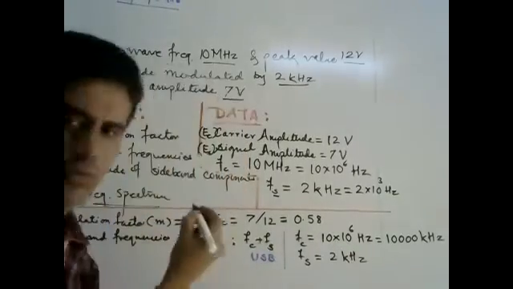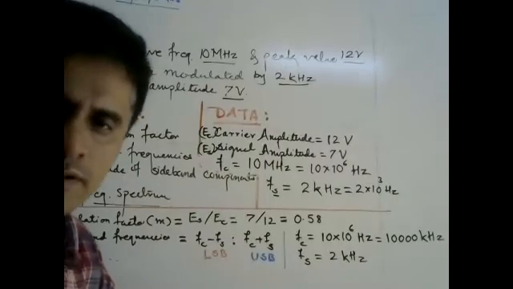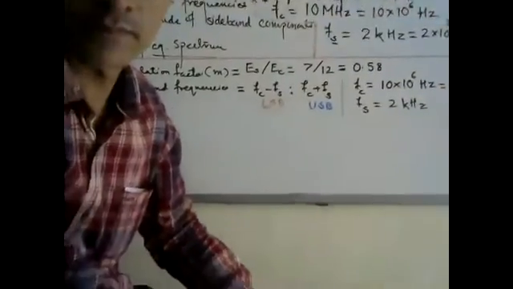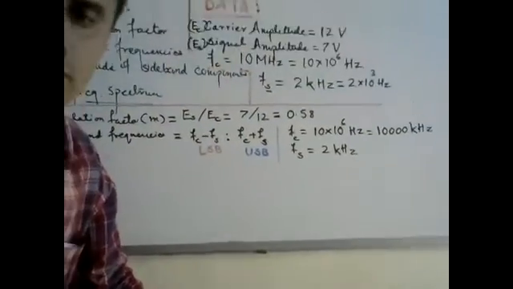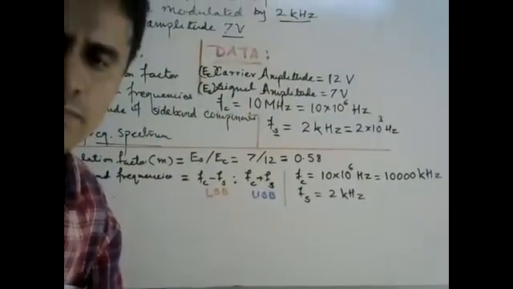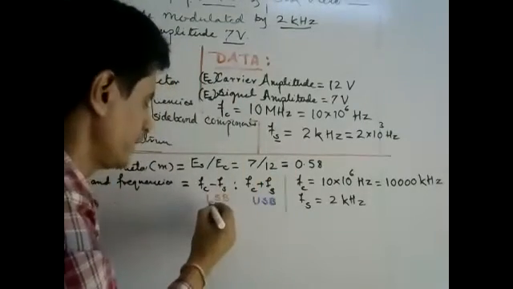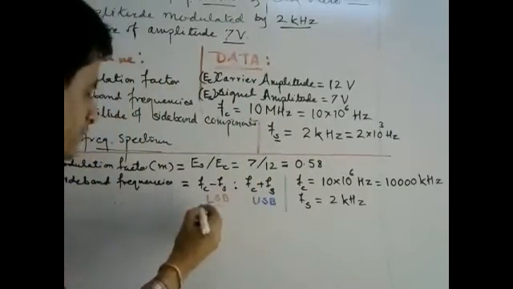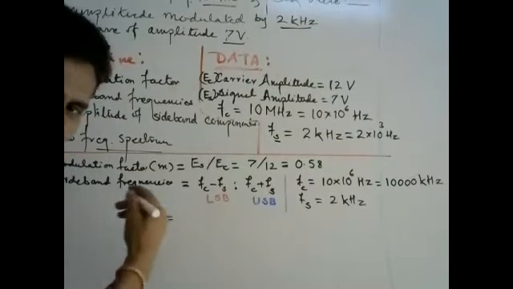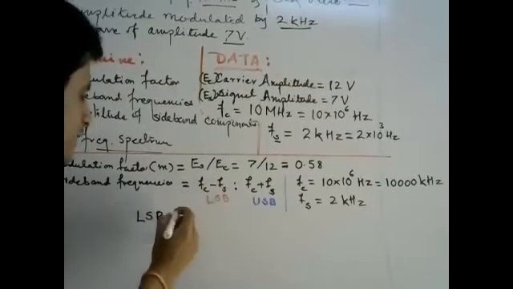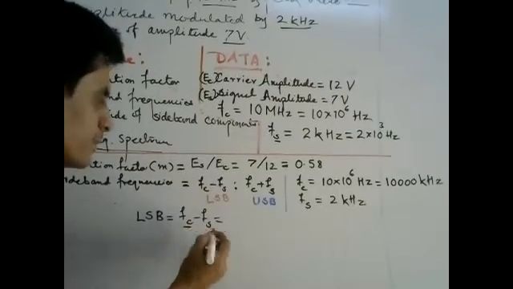Now, dear student, I will shift this. Now see, we need LSB. What is the LSB? LSB, that is lower side band frequency, is FC minus FS. What is the FC?